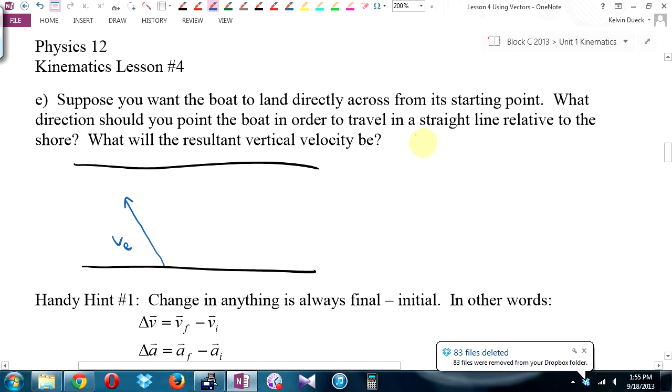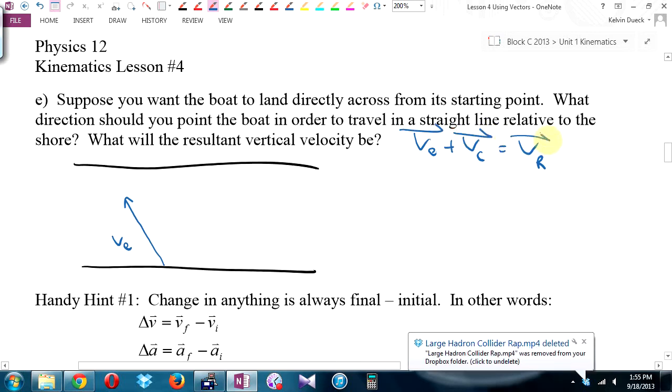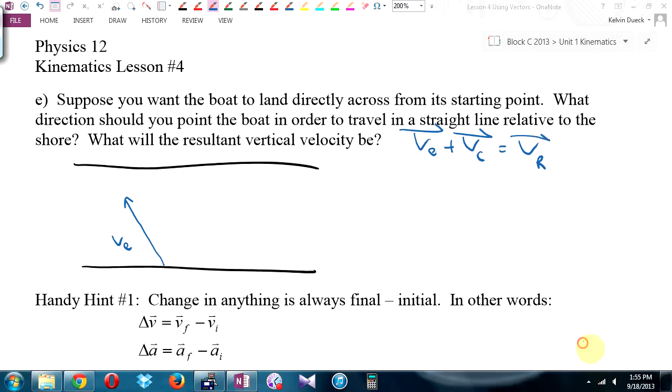Remember, we're saying engine plus current is relative to the shore. So I want to add engine plus current. Hey, how do I add those two vectors together? Draw them tip to tail.